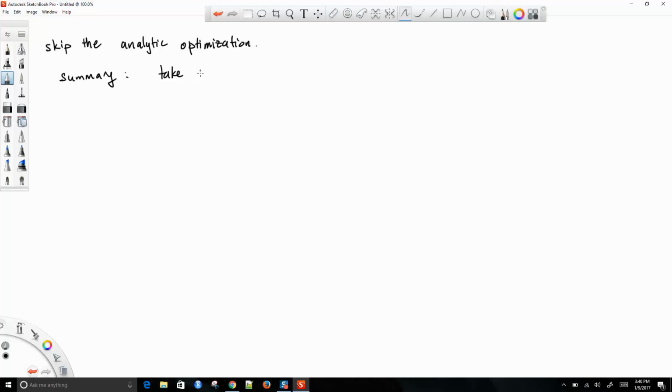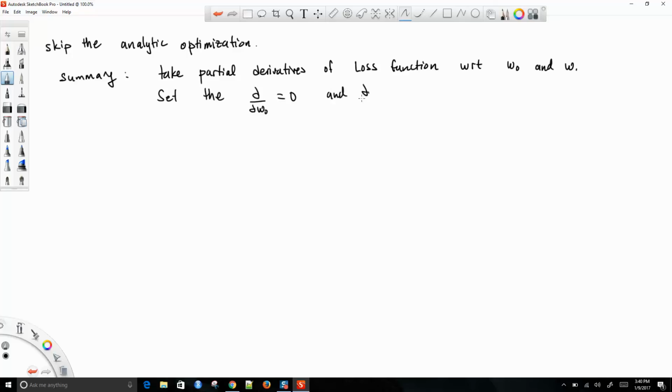So take partial derivatives of the loss function with respect to w0 and w1, set the derivatives equal to 0, to find local mins.